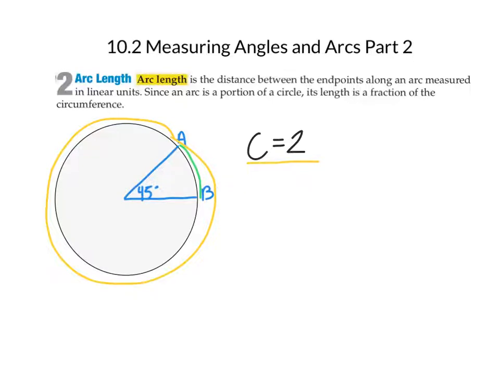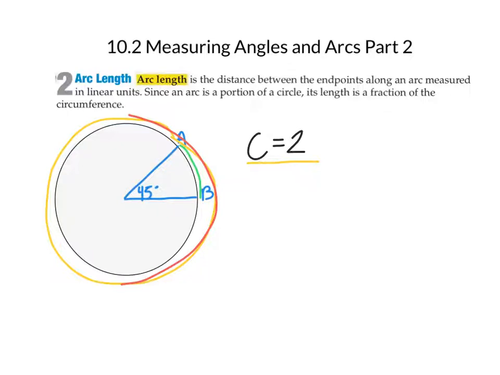So our goal is to figure out what the length of arc AB is. We know it's going to be less than 2. In fact, if I make a guess based off of this picture, it's even going to be less than 1, because 1 would be half of it. 1 would be like a semicircle, from here to here, because the whole thing is 2.